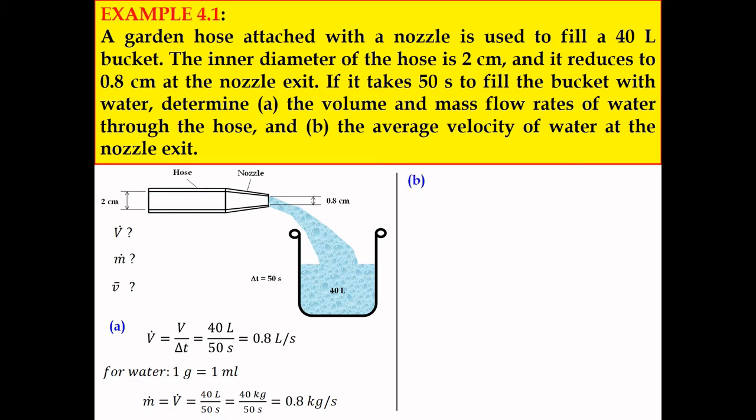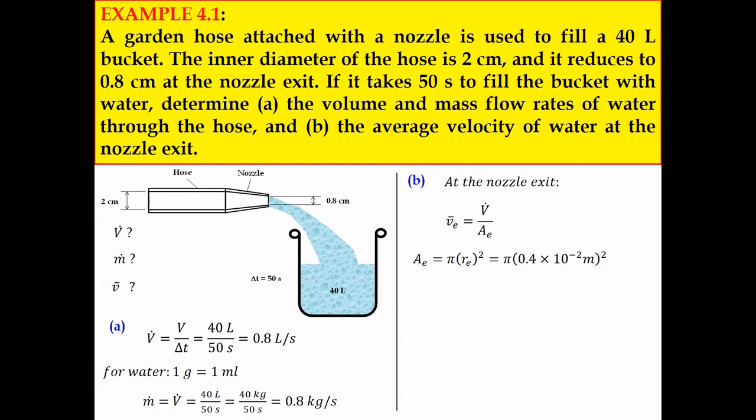Question B: we want to determine the average velocity of the water at the nozzle exit. We know that the average velocity V bar at the exit of the nozzle equals the volume flow rate divided by the cross-section area of the nozzle exit, AE. To calculate the area, we use the formula for the area of a circle.